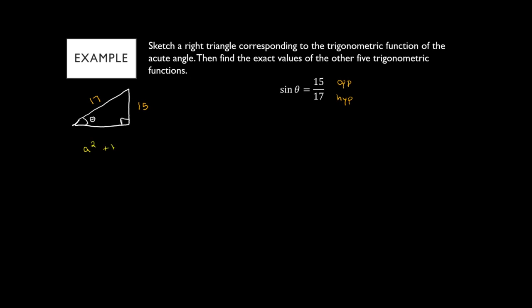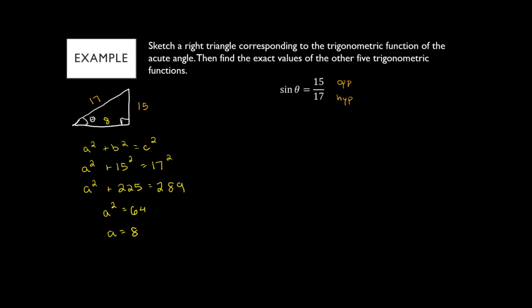That's a squared plus b squared equals c squared, so a squared plus 15 squared equals 17 squared. 15 squared is 225, and 17 squared is 289. We subtract 225 and get a squared equals 64, which means our missing side is 8. I can label that on my triangle.